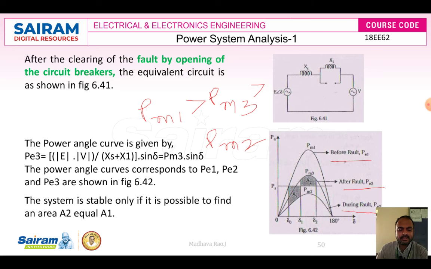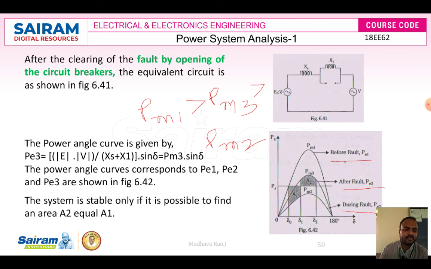We can say that if the curve areas A1 and A2 are equal, the system is stable. If A1 and A2 are not equal, whether greater or less, the system is unstable.